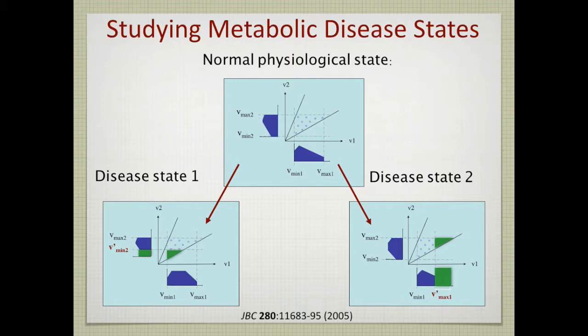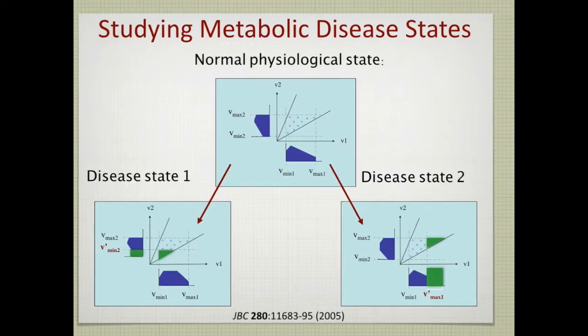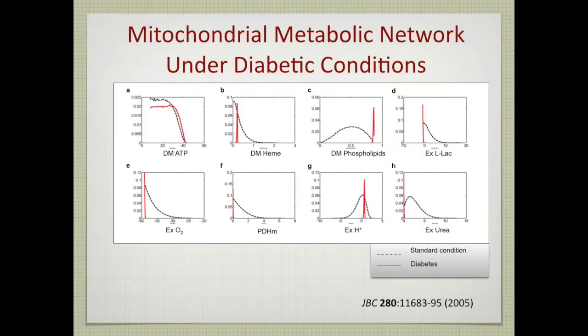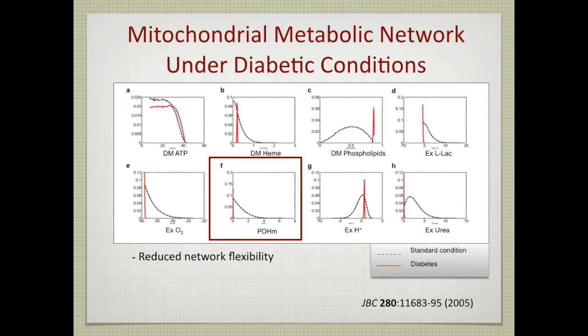So you can study all these perturbations to the flux state of the mitochondria in cardiac myocytes. And this one diagram here shows the subsetting of the solution space based on numbers obtained from diabetics. And there are a few noteworthy things in here, including this diagram that I'm going to talk about in a moment.